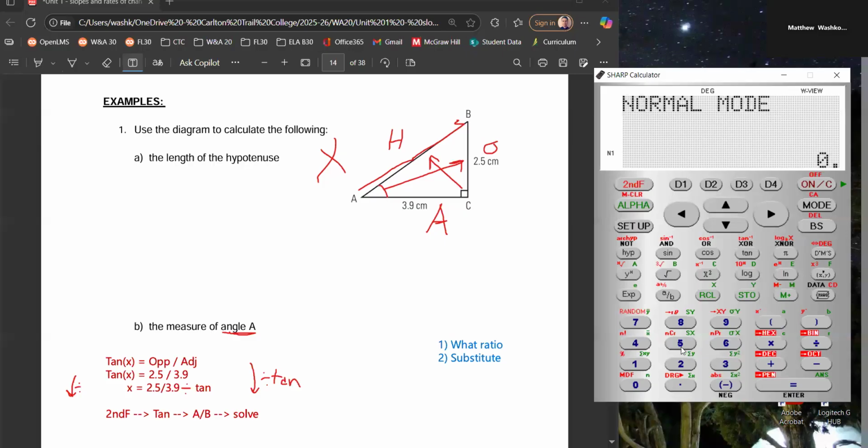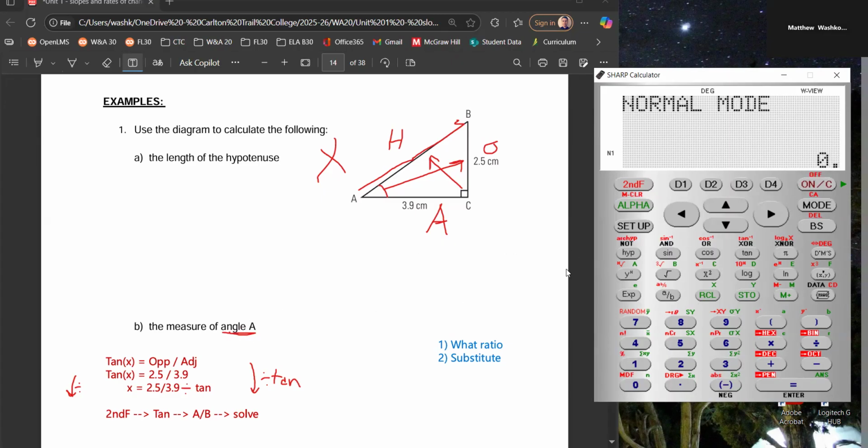Okay? For example, if I give you 10 and I put that to the power of -1, it turns into 1 over 10. It flips it. I'm dividing it by 10 now, right?